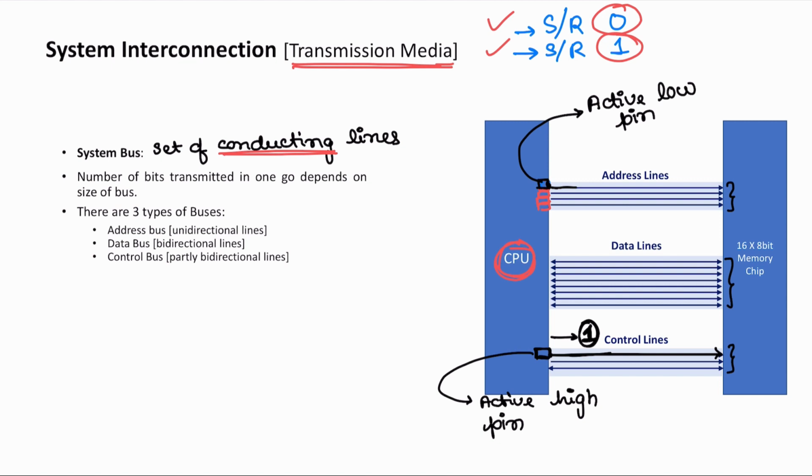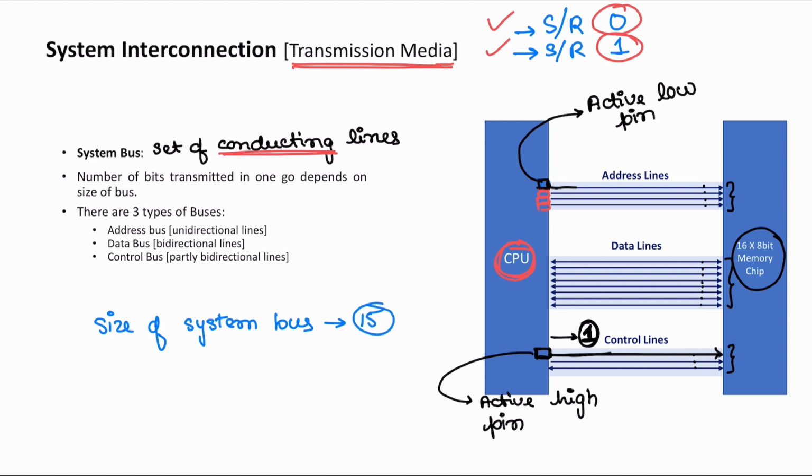So for example, this is a system bus between CPU and memory chip. What is the size of this system bus? 1 2 3 4 5 6 7 8 9 10 11 12 13 14 15. So the size of the system bus here is 15, right?